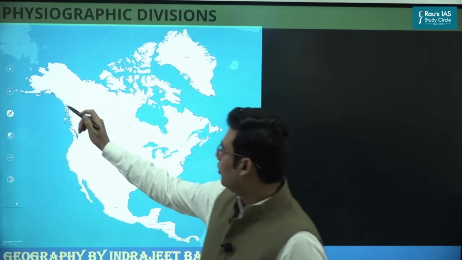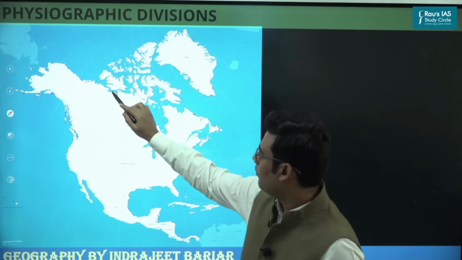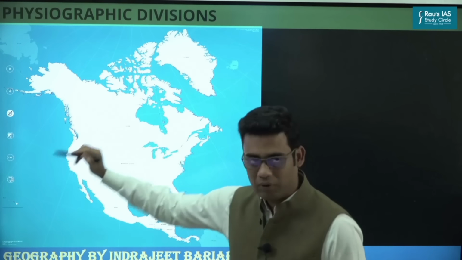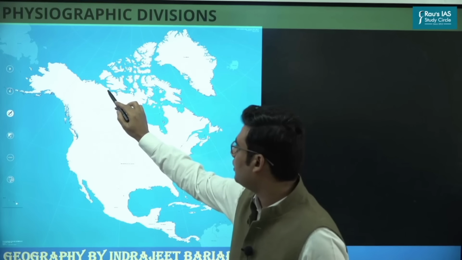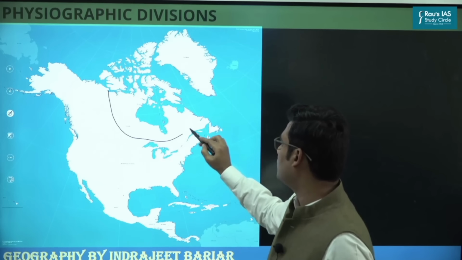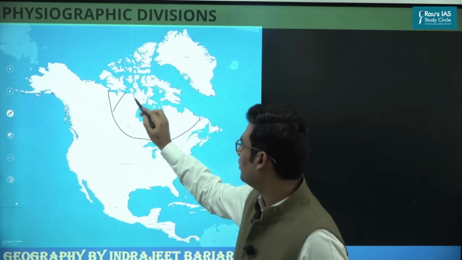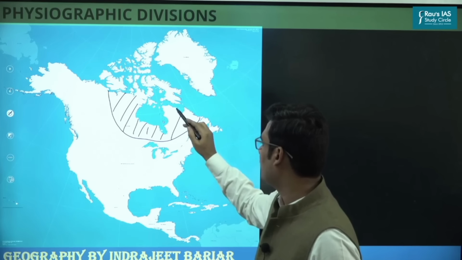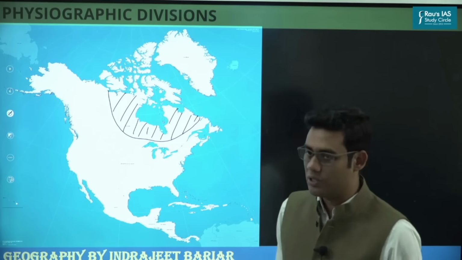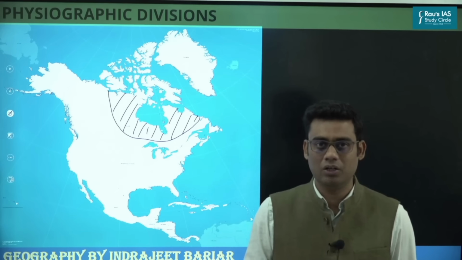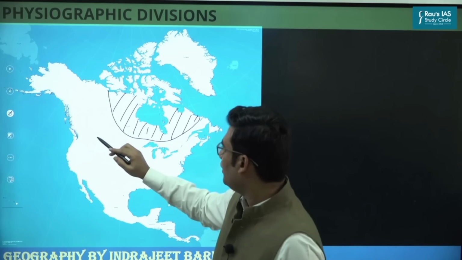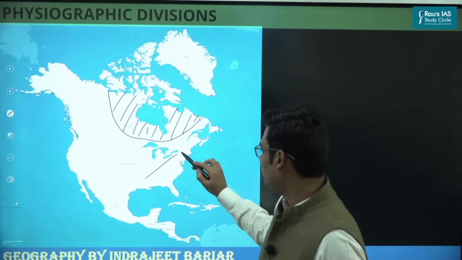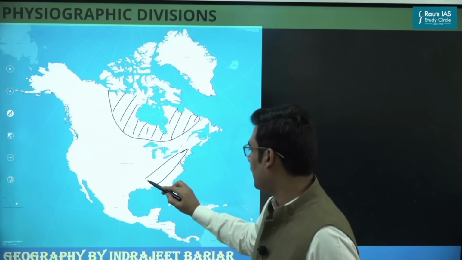Physiographically, North America can be divided into 5 divisions. The first division is covered like this. This first division is called the Canadian Shield. Then we have a second division, which moves roughly like this.